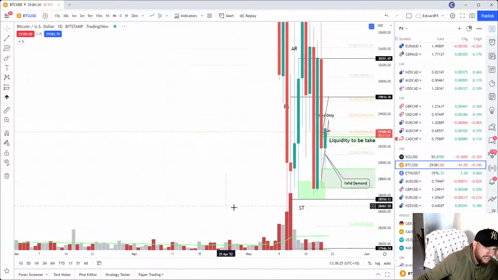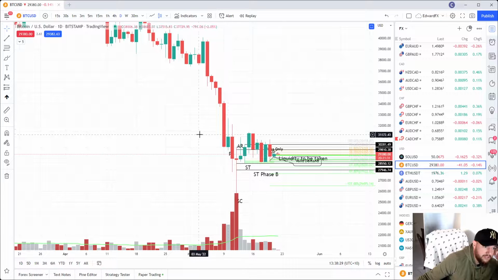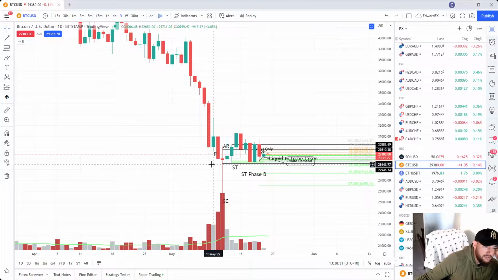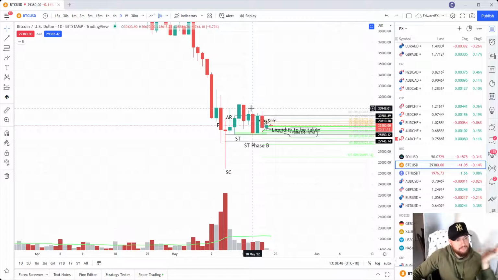Let's see what the daily is doing. The daily's ranging up, and then you got your rejection area here. So 30 at the body, 34.52 at the high, 36.75.